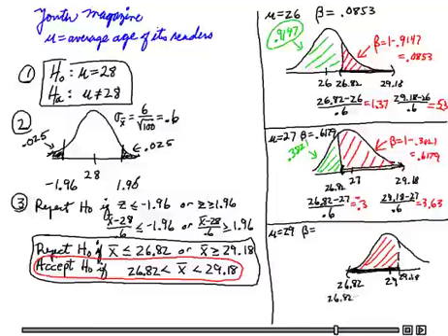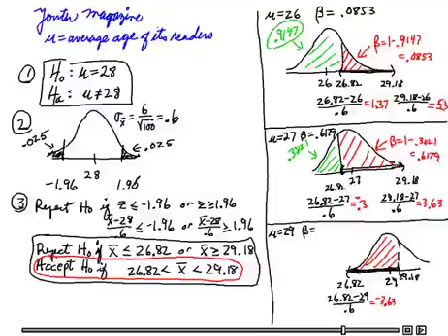I'm going to go ahead and calculate the z value for the 26.82. This time subtracting 29, dividing by 0.6, and I get a negative 3.63. So the lower end of the interval is now sort of off the chart to the left.